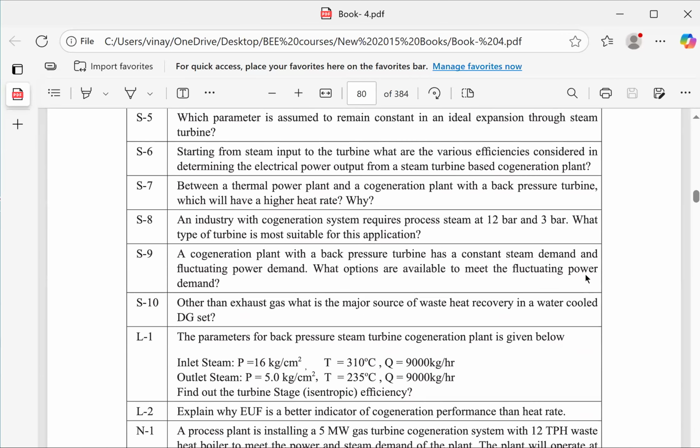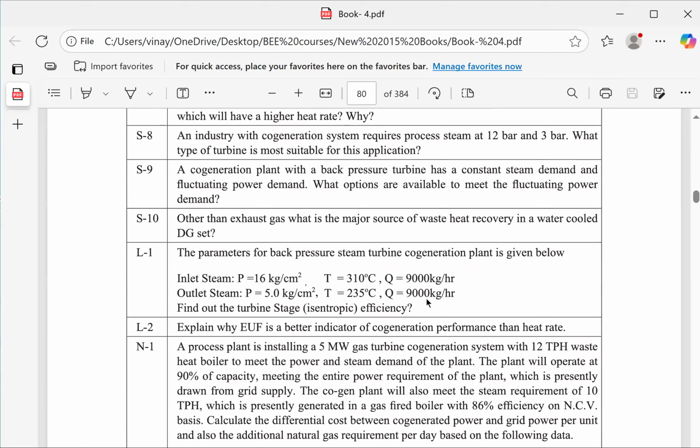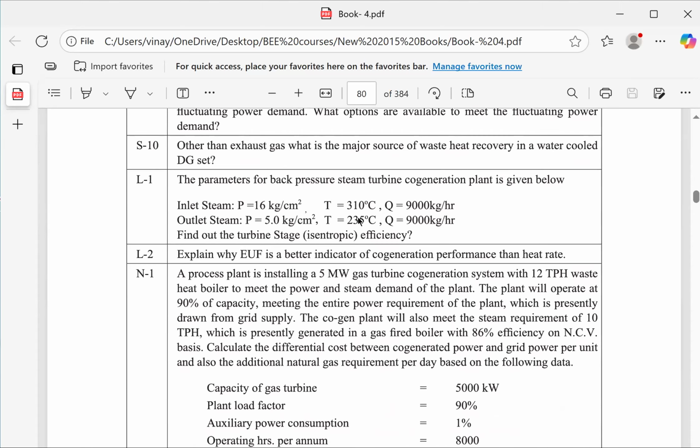Without that, you cannot calculate the efficiencies, right? So you will have to go back and see. Formulas are given, only the parameters, what is the quantity value, that you will have to check in the examples given above.